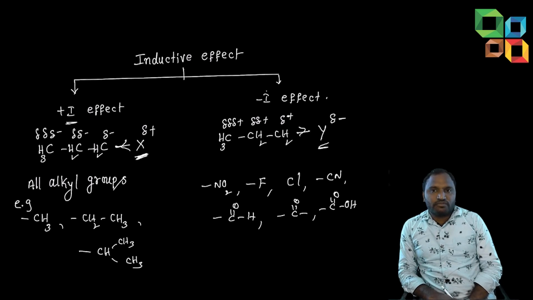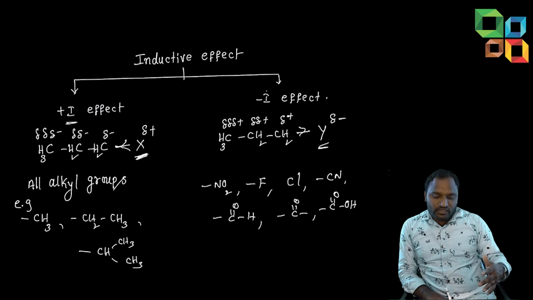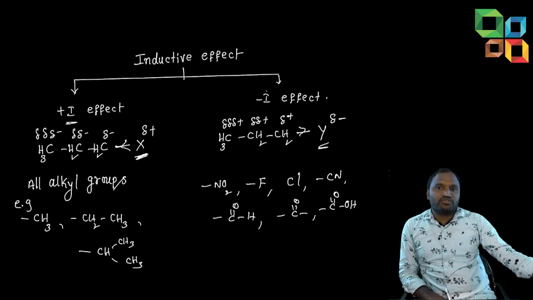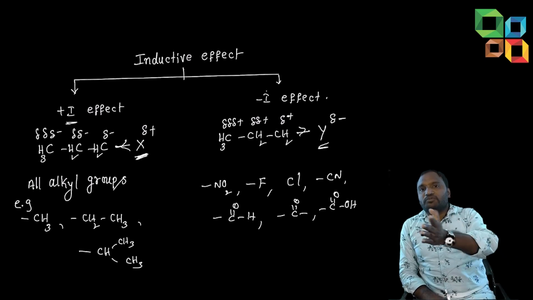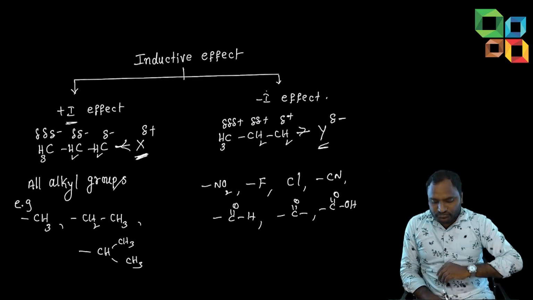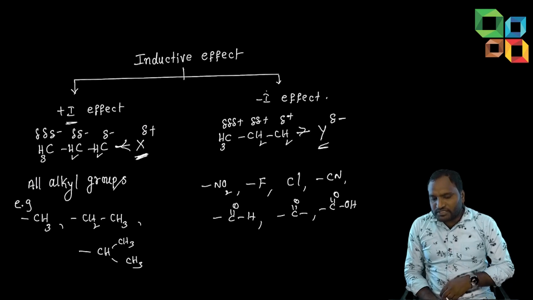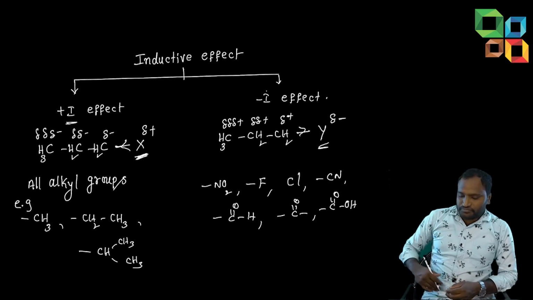This inductive effect is classified into two types: plus psi effect and minus psi effect. If the group attached to the carbon chain gives electrons to the carbon chain, it is a plus psi group. If the group is taking electrons from carbon, it is a minus psi group. Examples for plus psi and minus psi groups I gave.